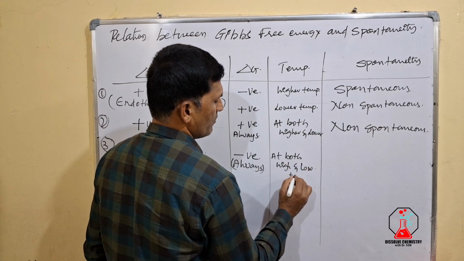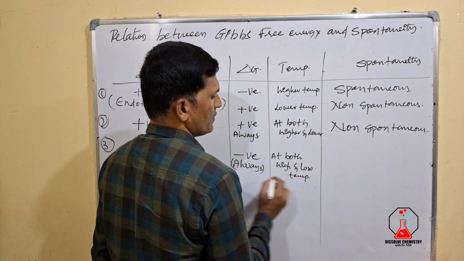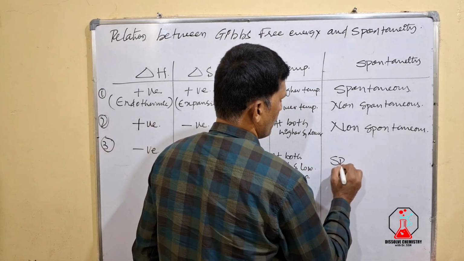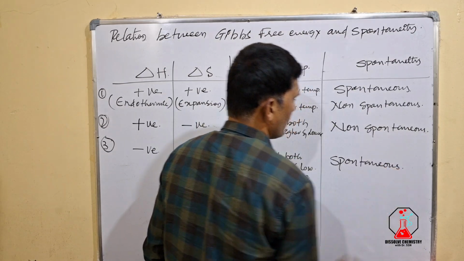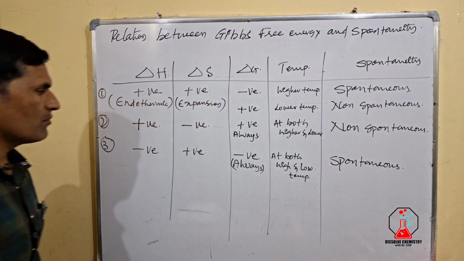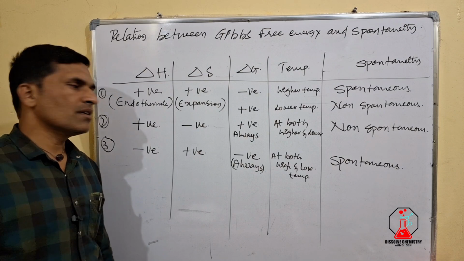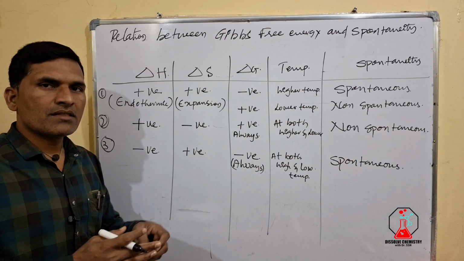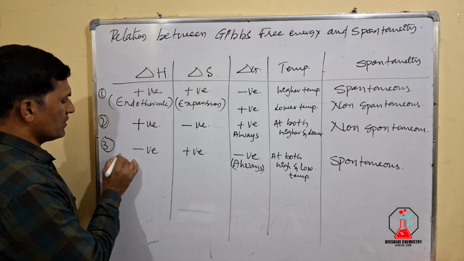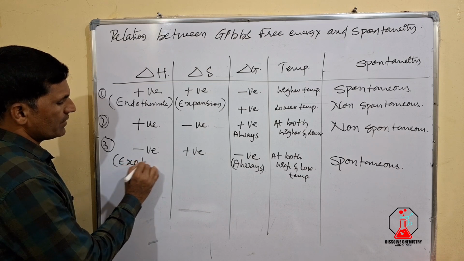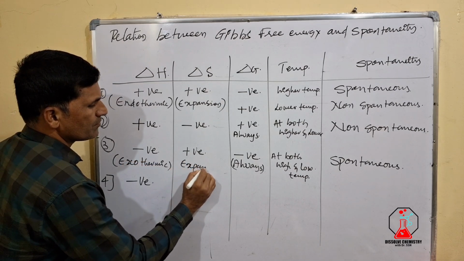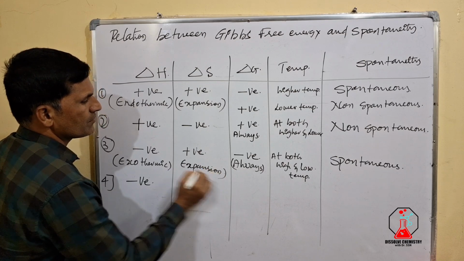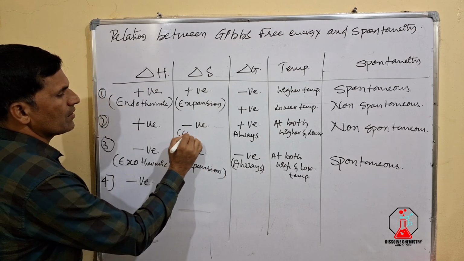So therefore it is always spontaneous. It means energy is given out, along with that your change in entropy is positive, the system is undergoing expansion. Here you write exothermic expansion. Here you should write contraction.